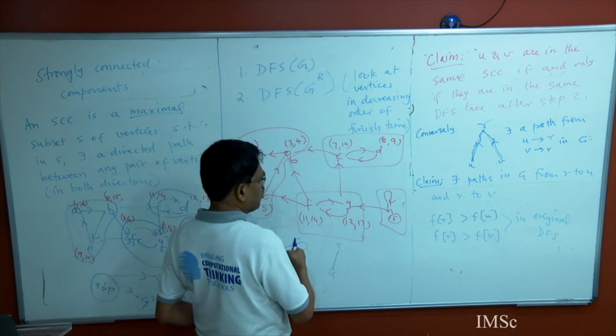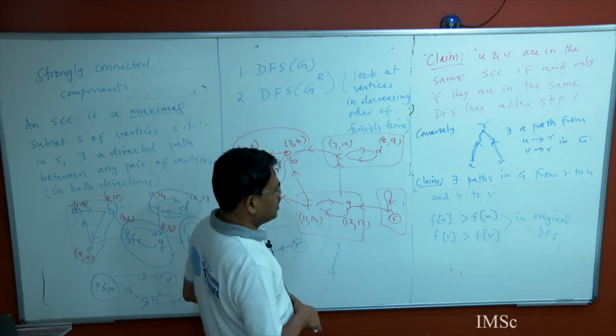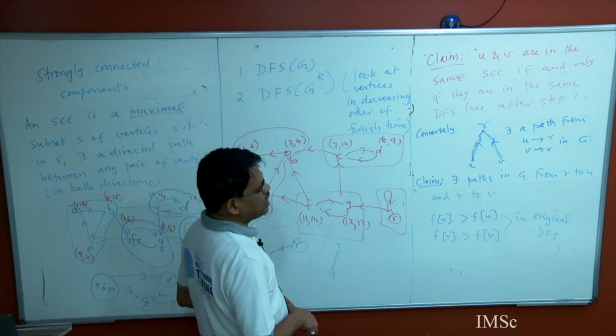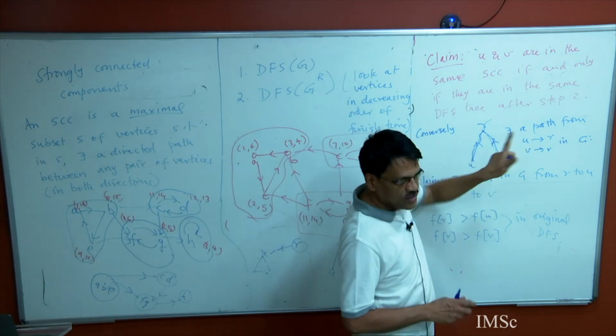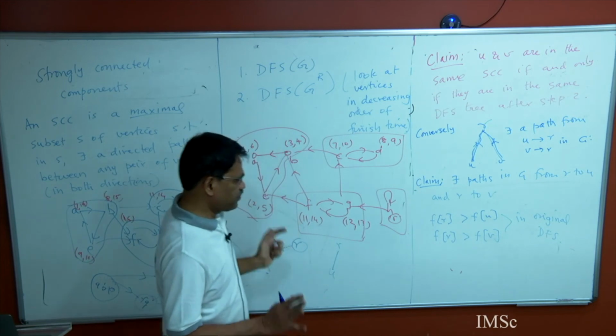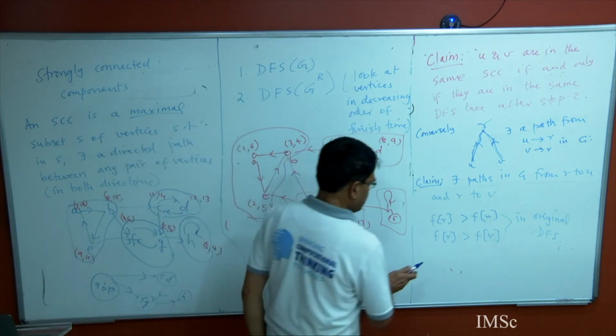There is no U to R path. Yes, exactly. But we proved that there is a U to R path. That's a contradiction. Right?